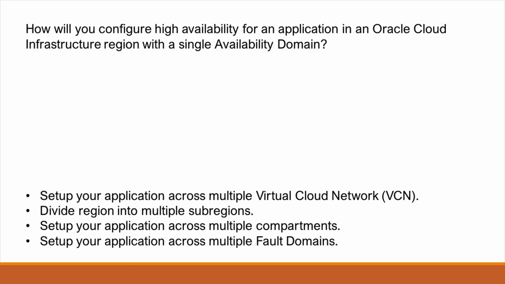Set up your application across multiple fault domains. Correct answer for this question is set up your application across multiple fault domains, because if we want to configure high availability for an application in an OCI region with a single AD, then we need to set up the application across multiple fault domains within the availability domain.